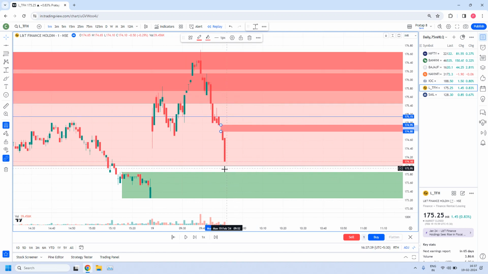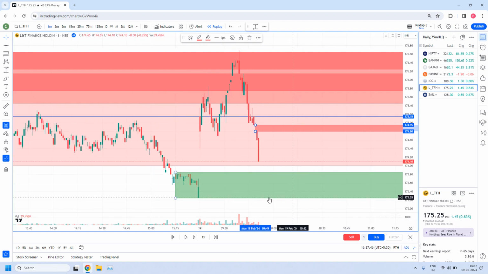Now prices came close to our 15 minutes target zone. So now you can depend on this target. Just before reaching this zone, you can exit maybe 10 paisa or 15 paisa before this zone, or maybe 5 paisa or 10 paisa, whatever it is.